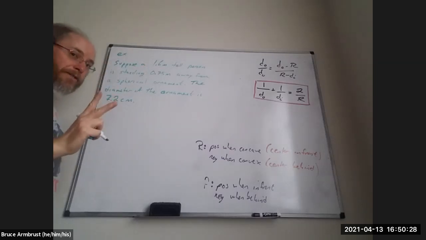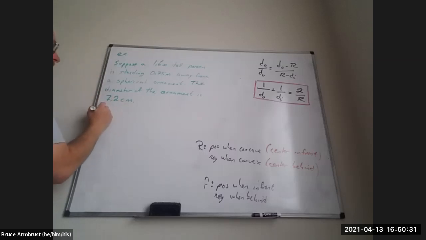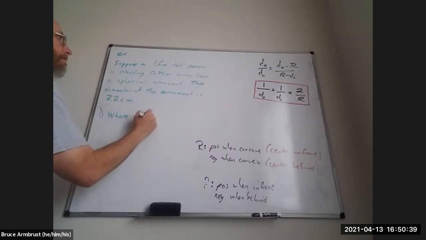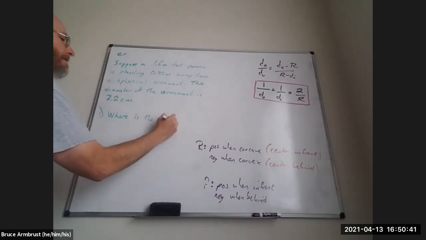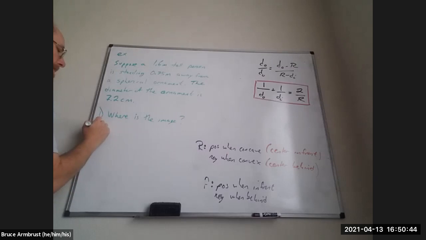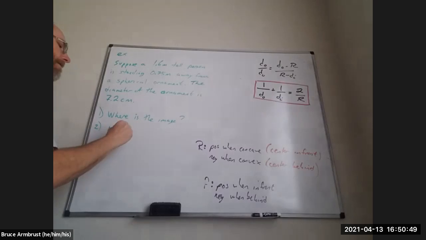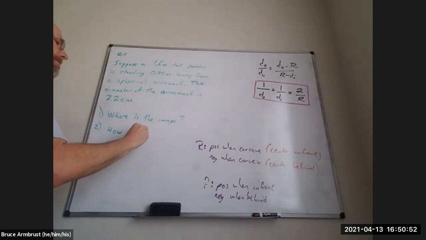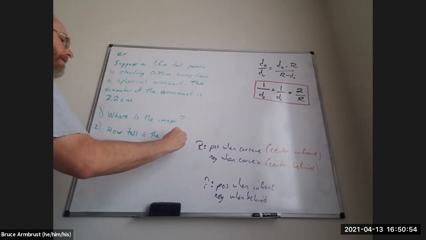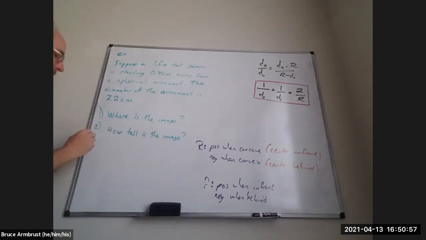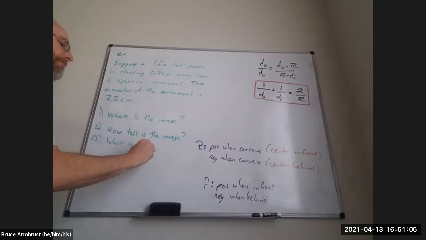Okay, so I have two questions for you. The first is, where is the image located? The second question is, how tall is the image? And I'm also going to guess this is, I'll call that 2A because there's going to be a 2B. What is the orientation?